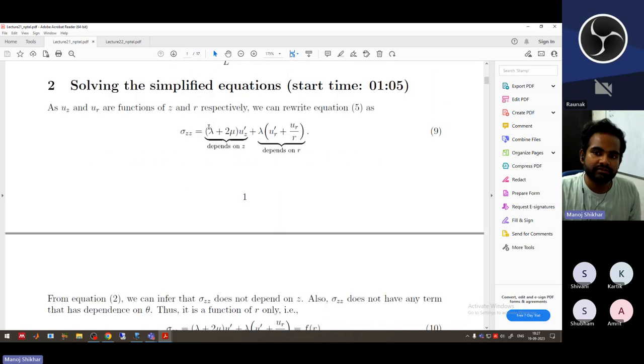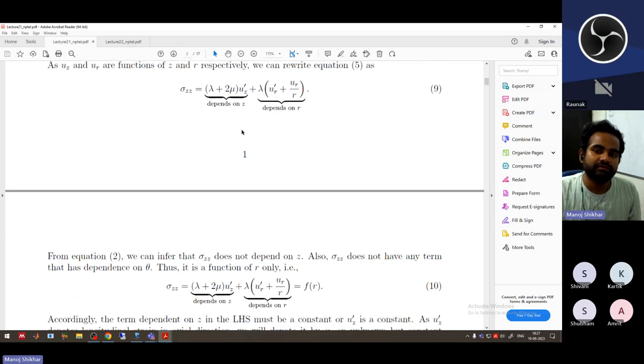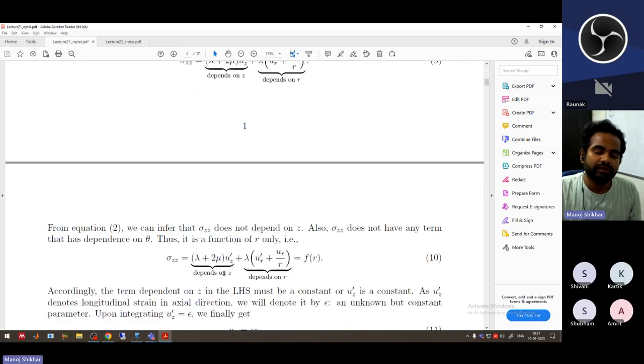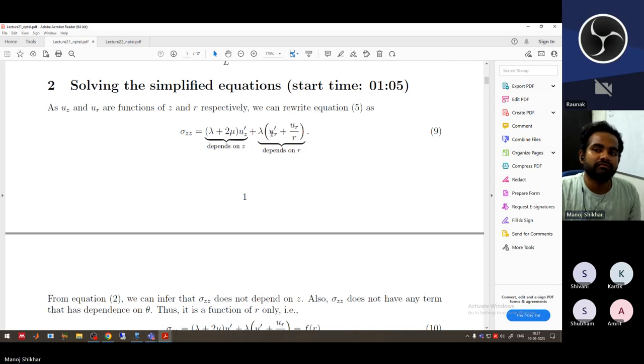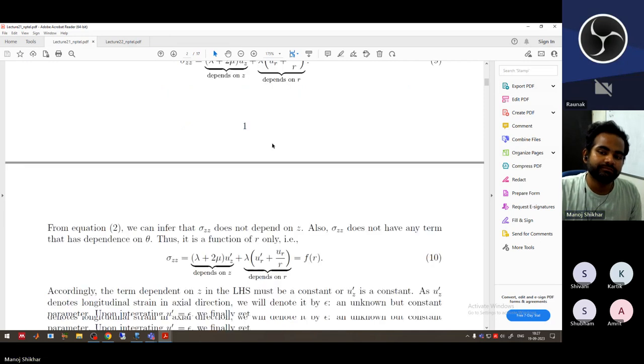This means this term is constant. So u prime z is a constant, or epsilon 3 was a constant. When we say u prime z, this is del u z by del z. Okay. Differentiation of u z with respect to z. Here, u prime r is del u r by del r. Keep this in mind.